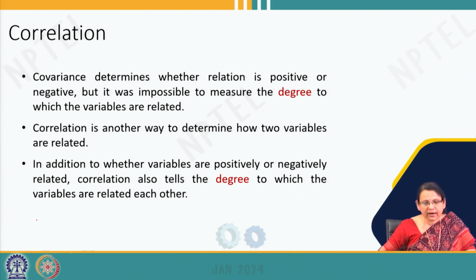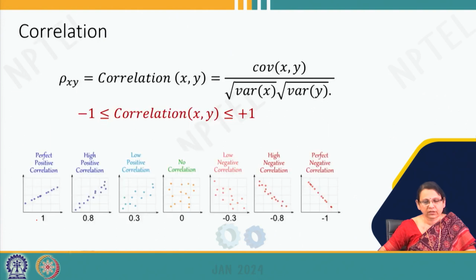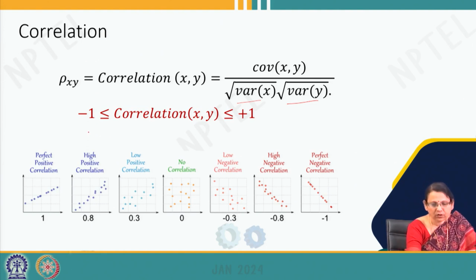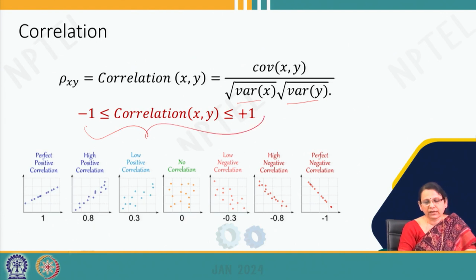So, in addition to covariance, we use another measure called correlation, which is basically the normalized value of covariance. And how is covariance normalized? By dividing by the square root of the variances. As a result of this normalization, the value of correlation lies between -1 and +1.